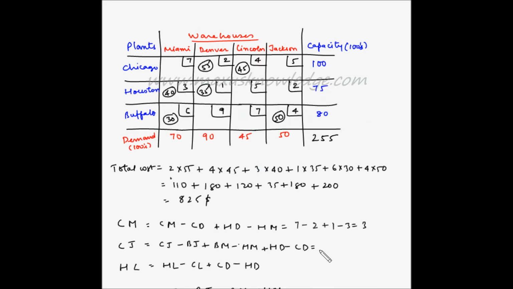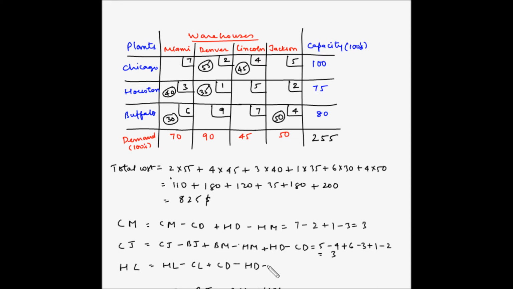CJ is 5 minus BJ is 4 plus BM is 6 minus HM is 3 plus HD is 1 minus CD is 2. 5 minus 4 is 1, plus 6 is 7, minus 3 is 4, plus 1 is 5, minus 2 is 3.